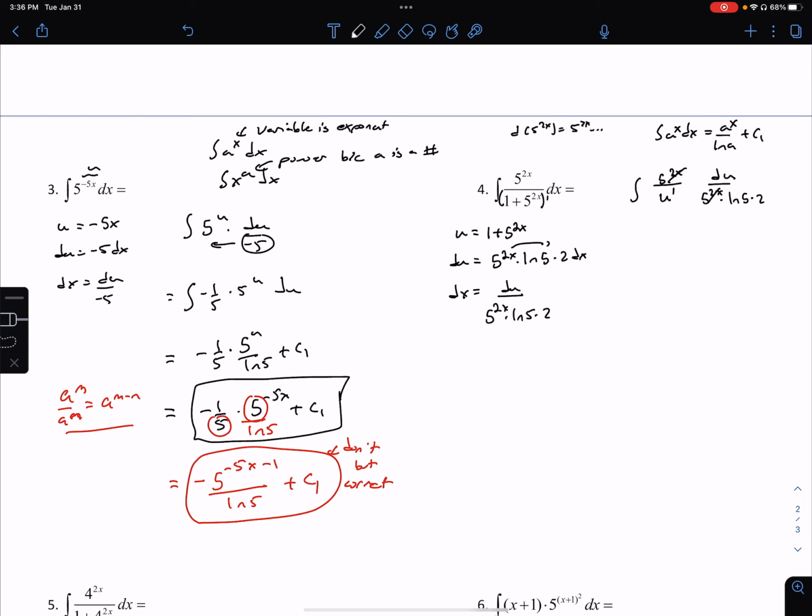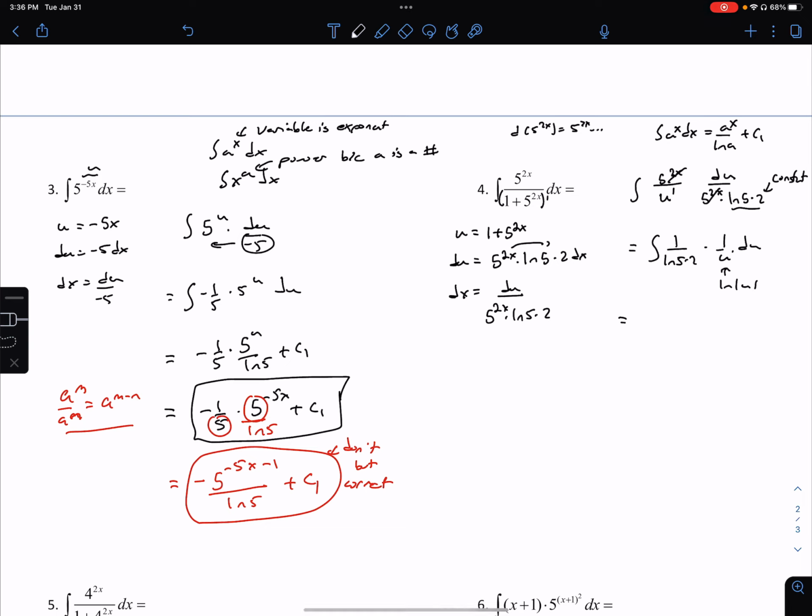Notice the 5 to the 2x's cancel, and that's nice. But we have this constant. Now remember, these are a constant right there. There's no variable there. So I can just pull those out to the front. Natural log of 5 times 2 times 1 over u du. This is our rule from earlier this week. That is just our natural log of u.